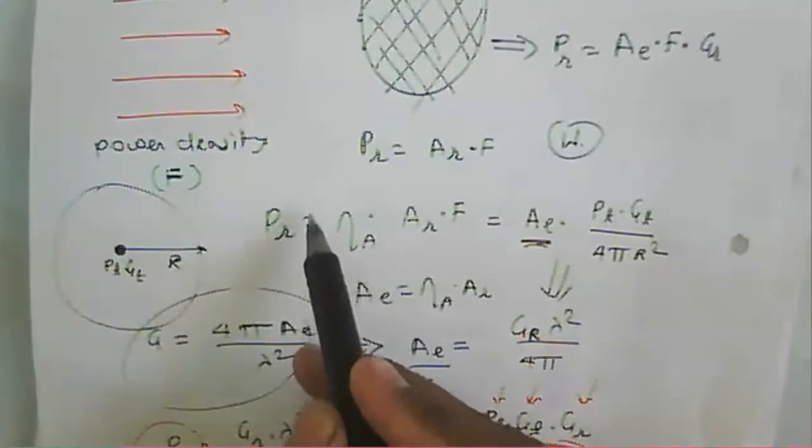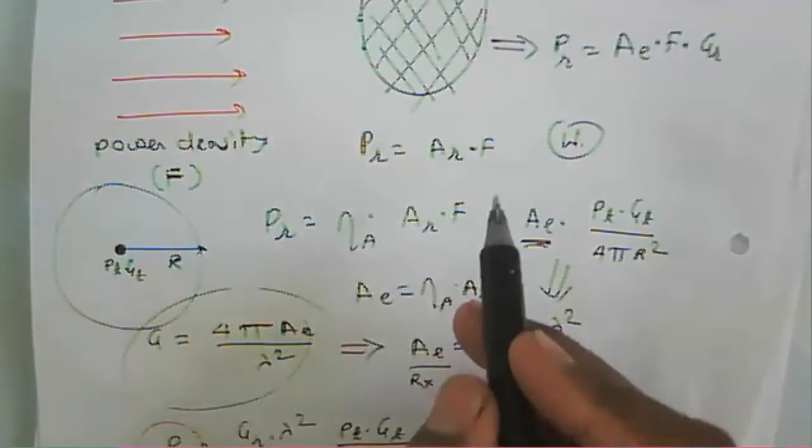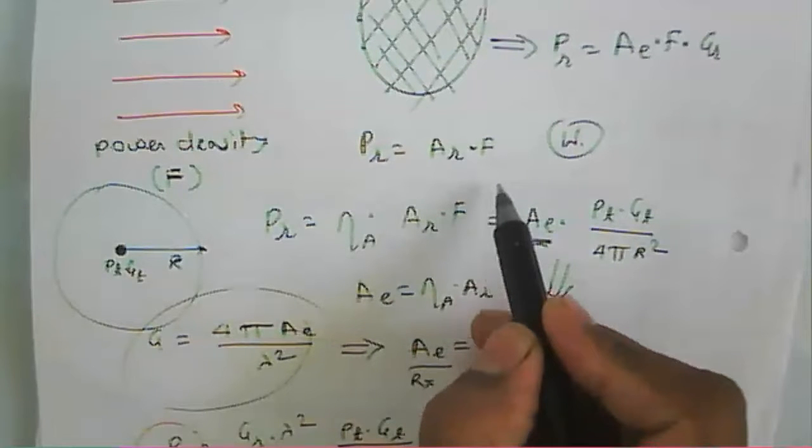For this received power, we should know the antenna efficiency and the power density. So the power received is nothing but the total effective area, or we can say the area of the receiving antenna.